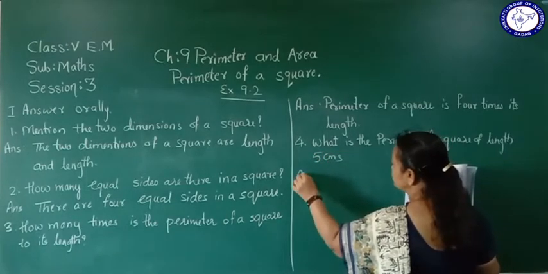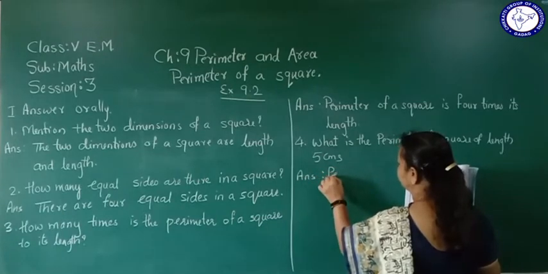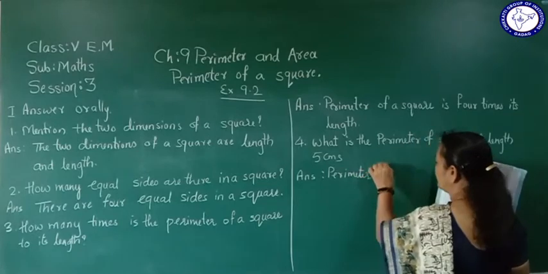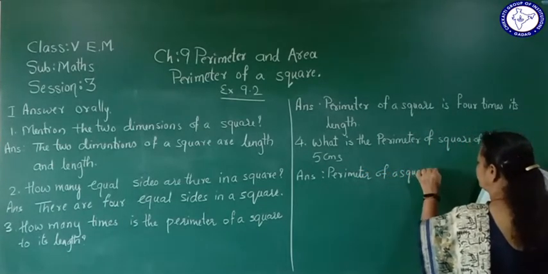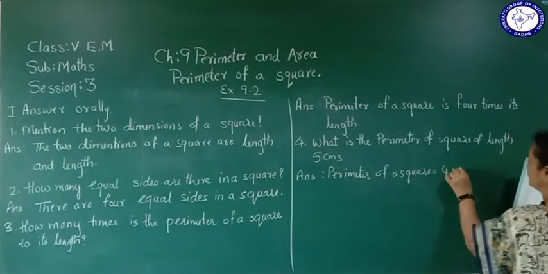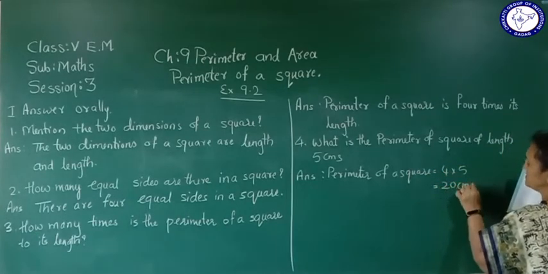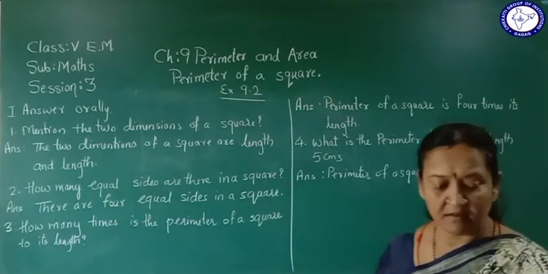So here the answer, the perimeter of a square is equal to 4 into 5. It is 20 centimeters. This is an oral question, so no need to write the formula here.